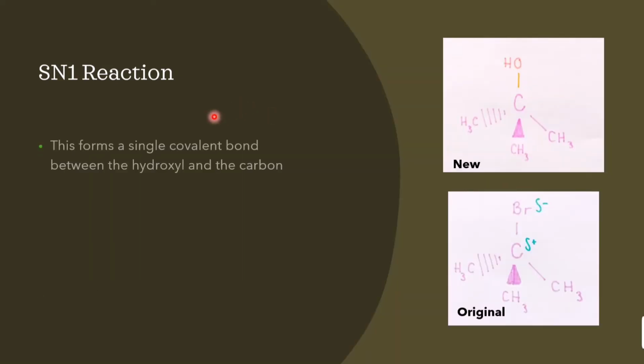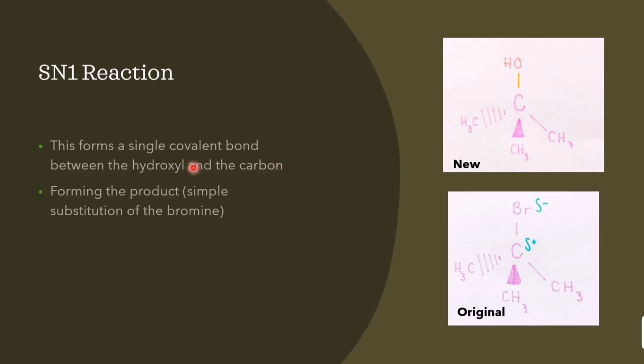So now after our hydroxyl attacks this positive carbon, donating an electron pair, it forms a single covalent bond. So this hydroxyl and carbon now form a single covalent bond, as you can see here.